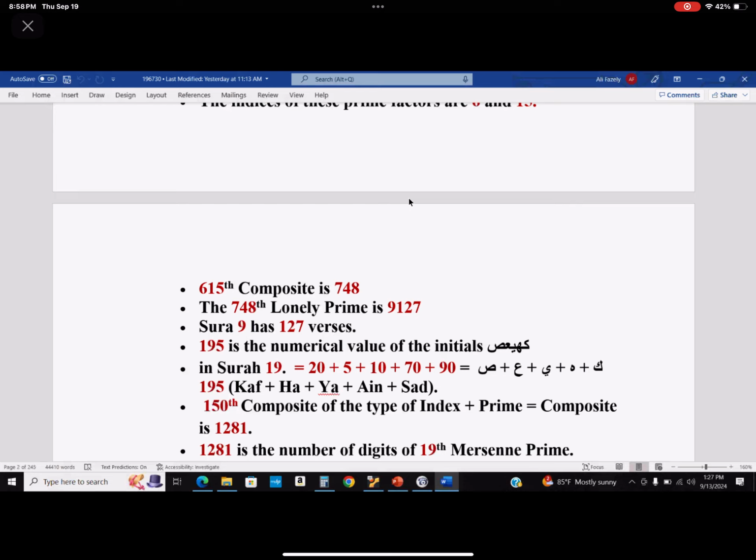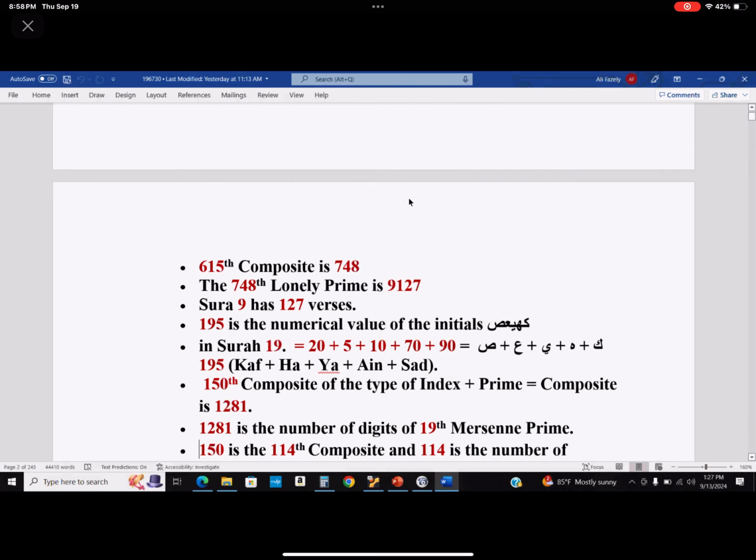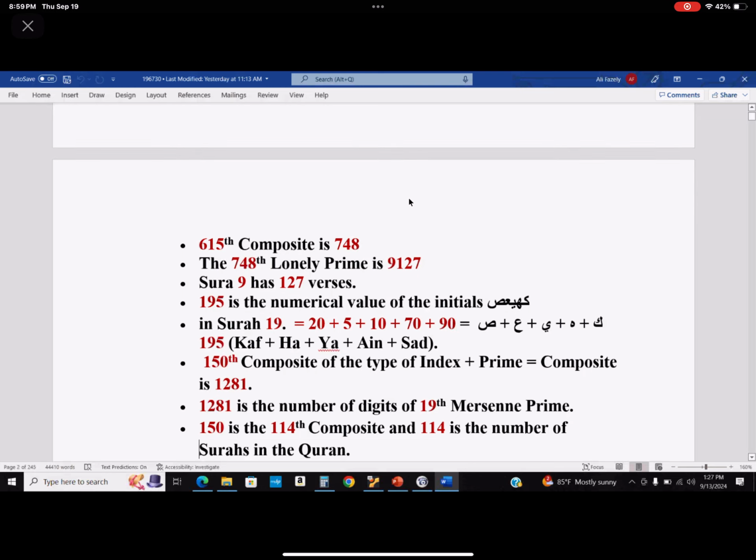The 150th composite of the type index plus prime equal to composite is 1281. 1281 happens to be the number of digits of the 19th Mersenne Prime. And 150 happens to be the 114th composite, and 114 is the number of surahs in the whole Quran.